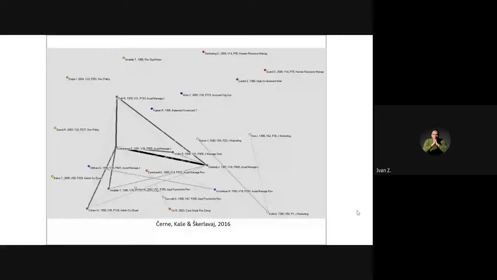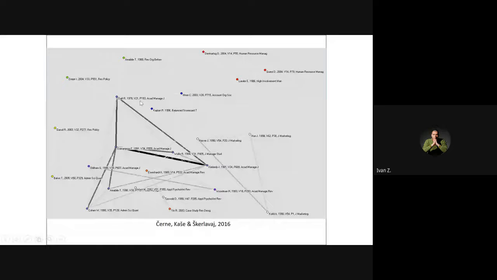Here are also some examples at the bottom of the slide of co-citation analyses that were published in top journals like Strategic Management Journal or Entrepreneurship Theory and Practice. And here are some examples of a co-citation analysis, right? So see on this map the different articles.